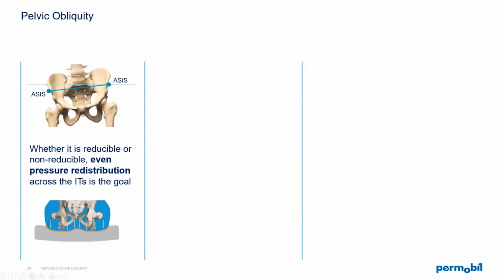And this creates peak pressures along this lower IT. And that's where you're going to start to see a wound develop, really placing that skin and soft tissue at high risk for injury. So the goal is to ensure that the pressure enters evenly along the entire gluteal surface throughout the ITs, evenly on both sides.